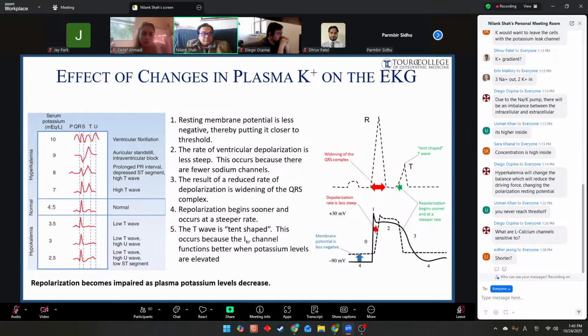Because it's in a prolonged refractory period, so no stimulus could be applied in that time because the membrane is more positive. So what happened to the level of potassium in hypokalemia?